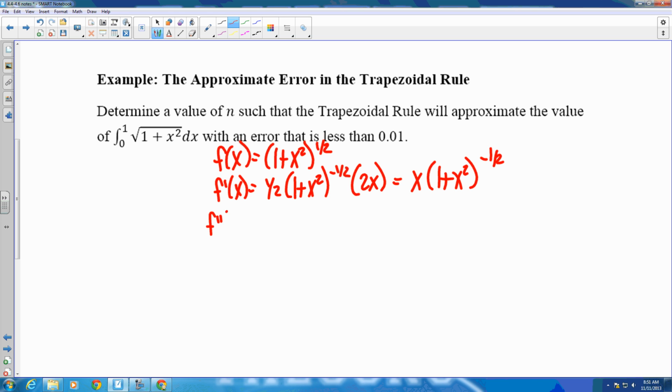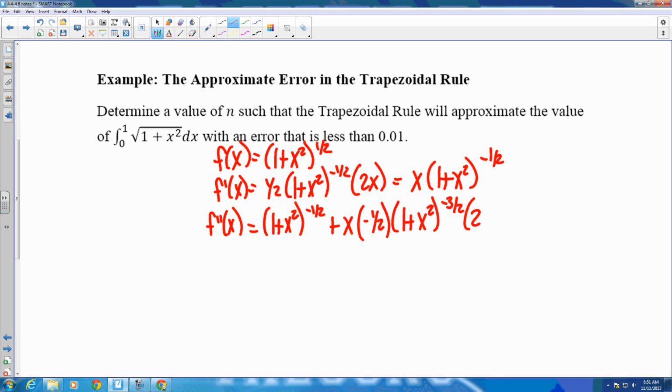And for our double derivative, we need to do the product rule. It's 1 plus x squared to the negative 1/2 plus x times negative 1/2, 1 plus x squared to the negative 3/2 times 2x, which is 1 plus x squared to the negative 1/2 plus, I guess we could just do minus because it's negative, x squared times 1 plus x squared to the negative 3/2.